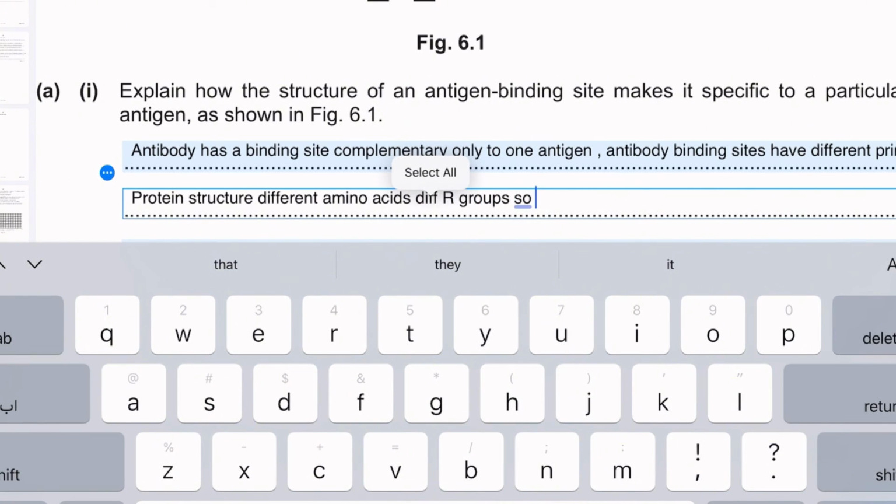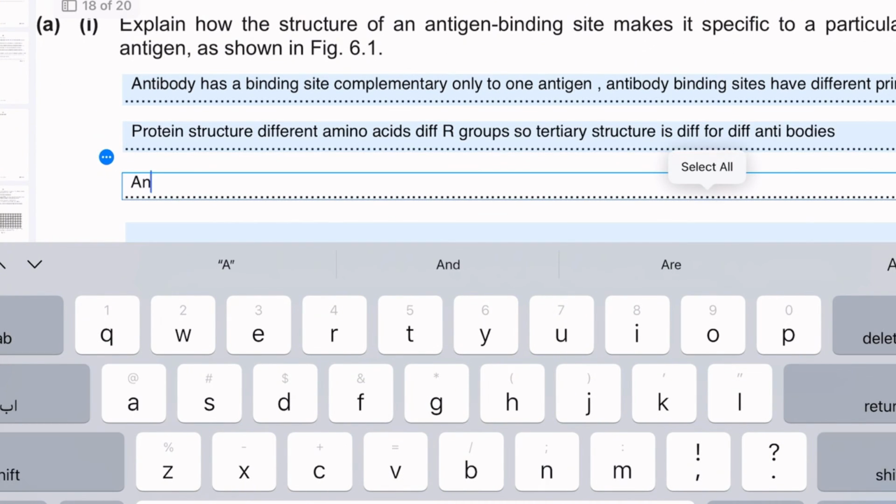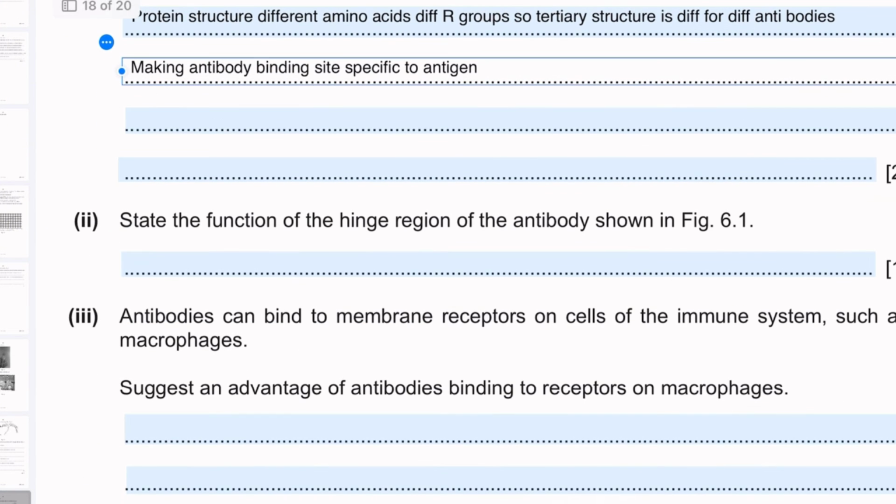And so obviously the tertiary structure is different for different antibodies. And this basically makes the antibody specific to antigen. Okay?